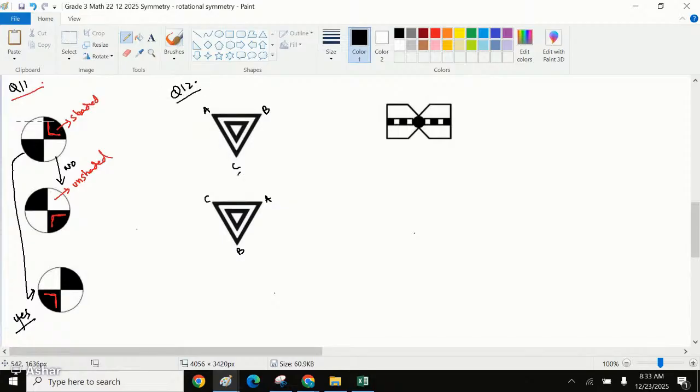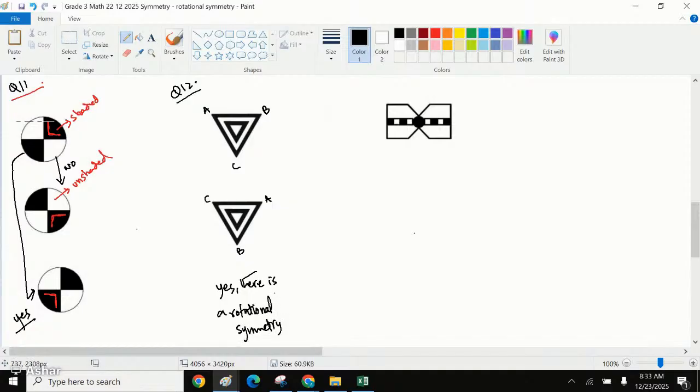So that means, yes, it has. The shape is still the same, the triangle, right? So in case of this triangle, we can say, yes, we do have a rotational symmetry. Okay? Yes, there is a rotational symmetry.